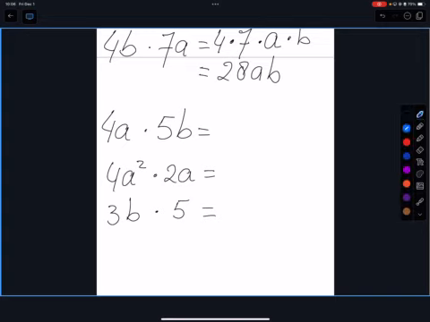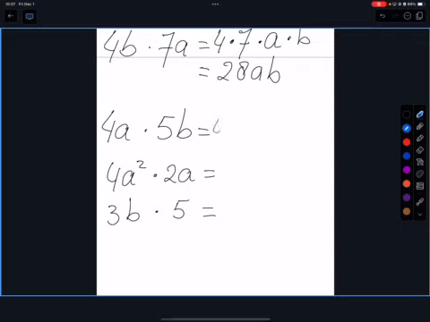For 4A multiplied by 5B, what is written? It's written 4 multiplied by a number, multiplied by 5, multiplied by another number. So when dealing with multiplication, you just multiply everything. Everything that's there, you just multiply everything with everything. And in this particular case, you multiply the numbers with each other.